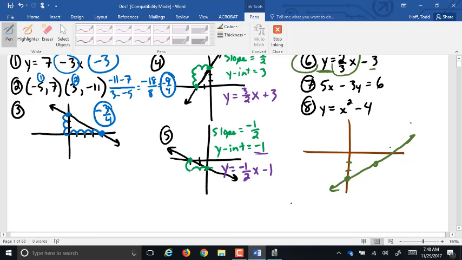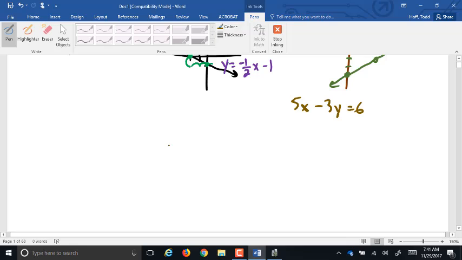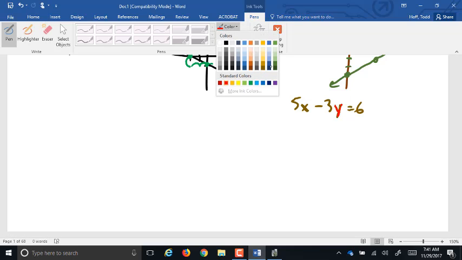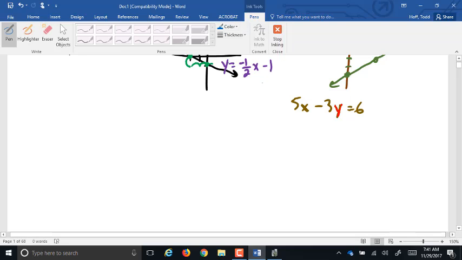So 5x minus 3y equals 6. We have to solve it for y. So we have to get y here by itself. To do that, we need to get rid of everything else. How do we get rid of the 5x?